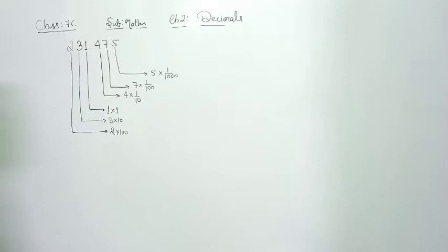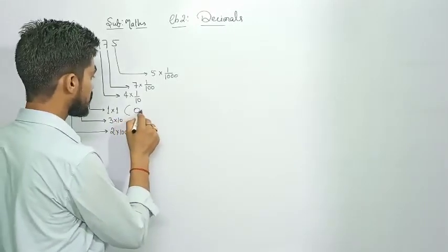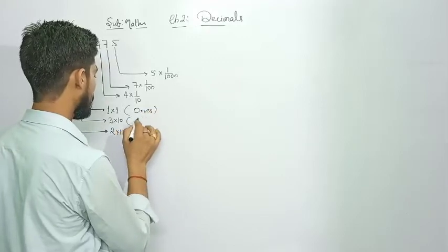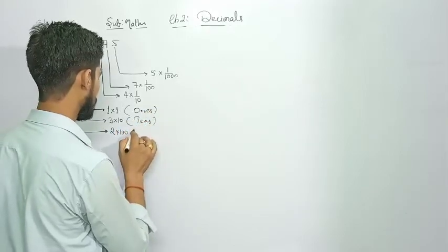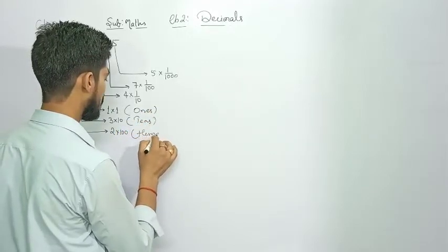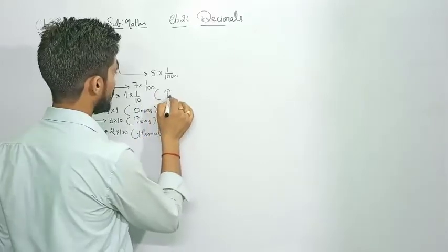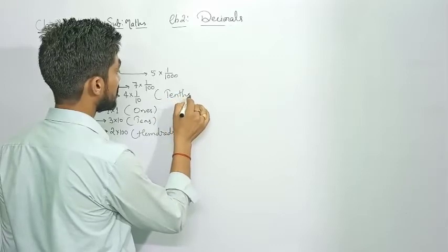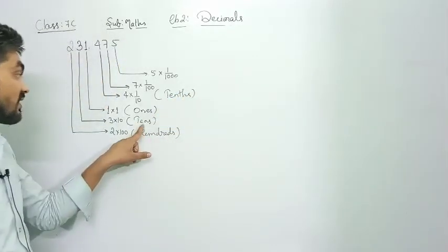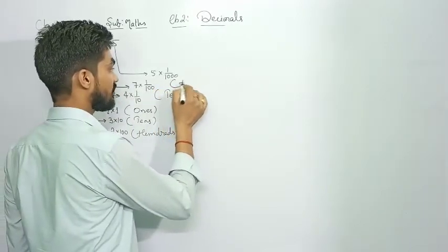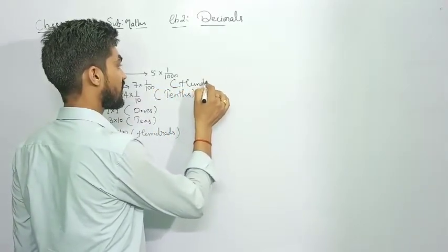What words will I use here? Here the word is ones. Here tens. Here hundreds. Here tenths. Keep in mind this word, tenths. Here I will write hundredths.